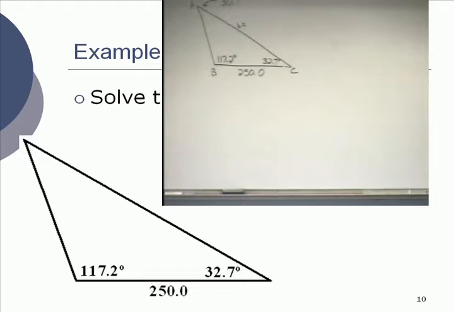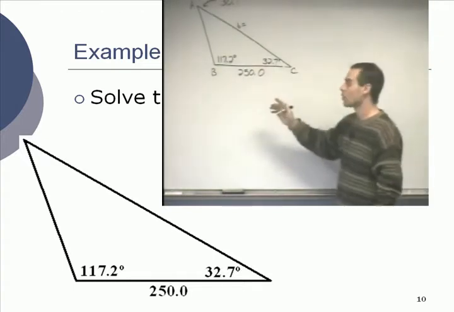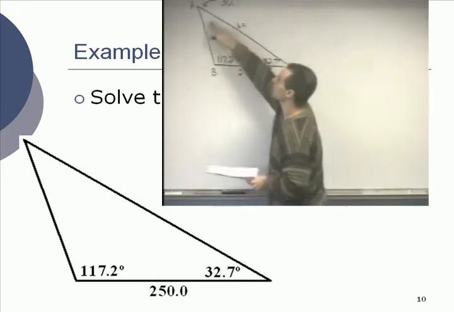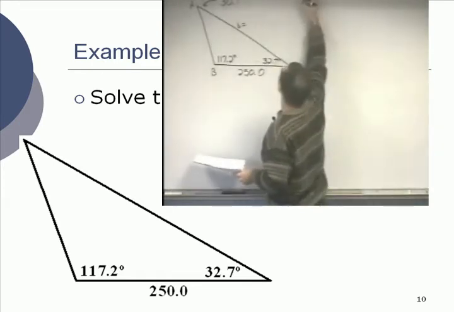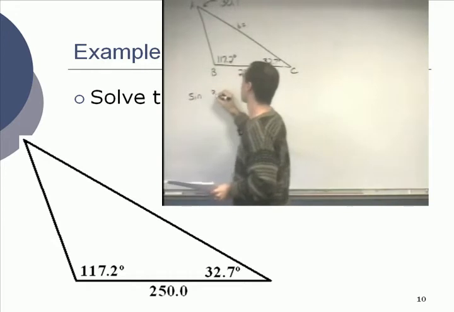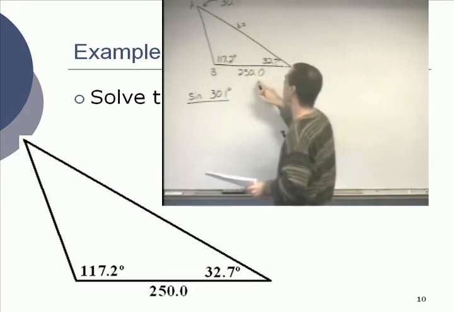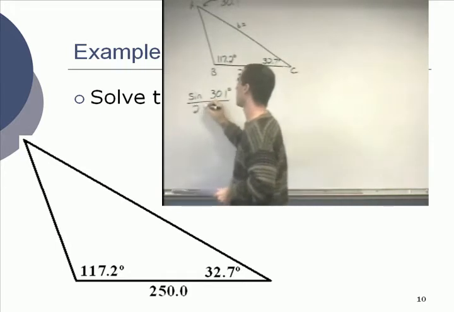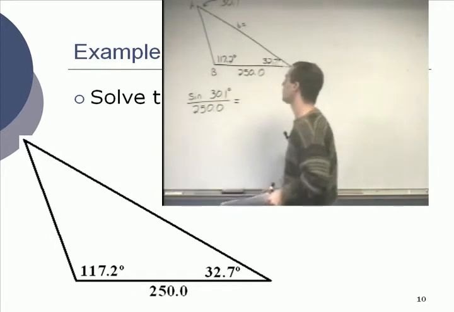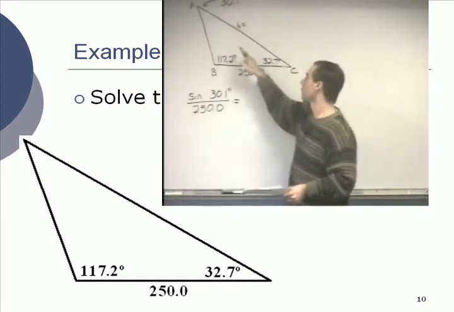Now, we set up our proportion. We can use this either way. But we'll do one each way in this problem. We can say that the sine of 30.1 degrees over the opposite side, which is 250, has to be equal to sine of an angle over the opposite.